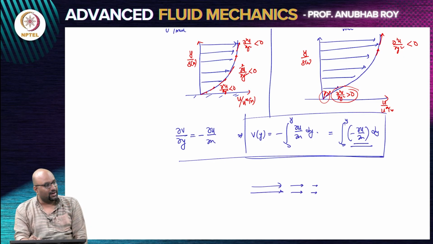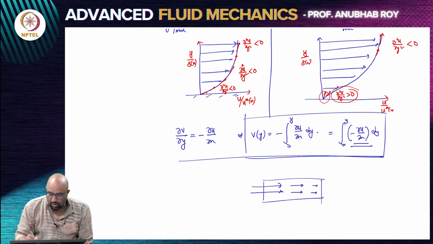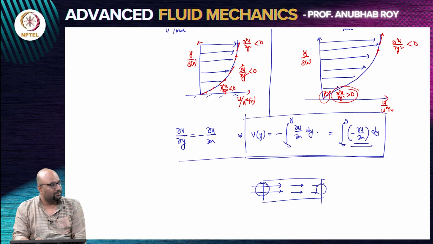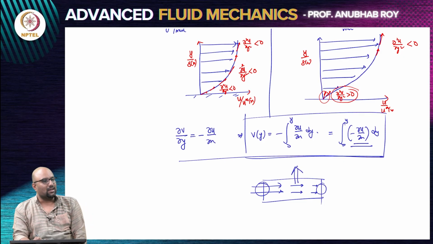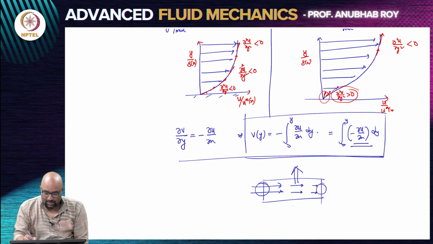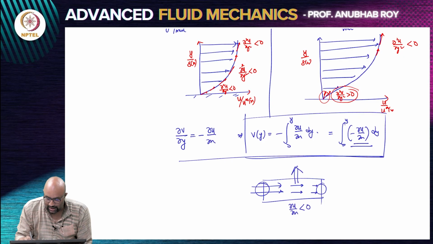So, I have a velocity field which is getting slower and slower in the direction of motion. Automatically, to satisfy mass conservation, the only way this can be compensated is that I am bringing in more fluid. I cannot violate mass conservation. I am bringing in more fluid in x. So, if I do a control volume here, more stuff is coming in here than what is leaving from here, right? So, if ∂u/∂x is negative, I should have a compensatory faster moving fluid going up. So, this is when ∂u/∂x is negative.